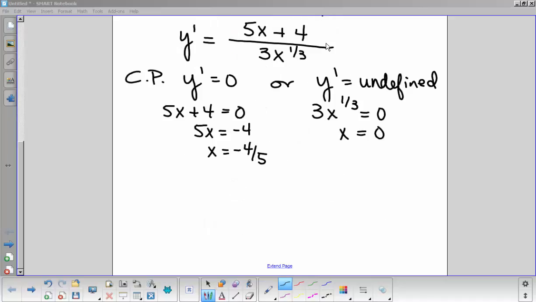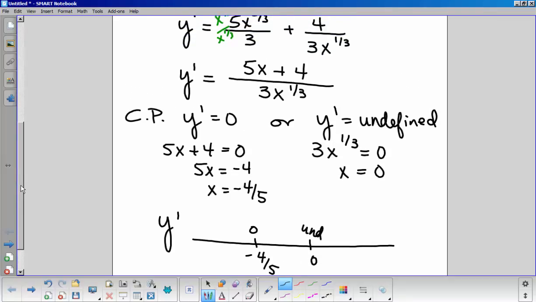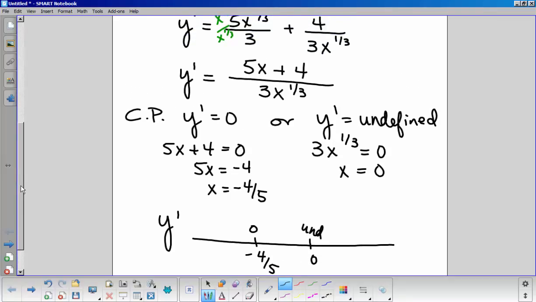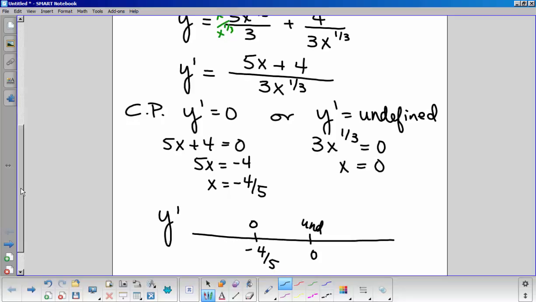All right, so let's do a sign chart. And I'm going to put my critical points on there. So I get negative 4/5 is on here, and that's a 0. And at 0 we are undefined, okay? Now, I would like to superimpose the numerator and the denominator. What is the numerator?